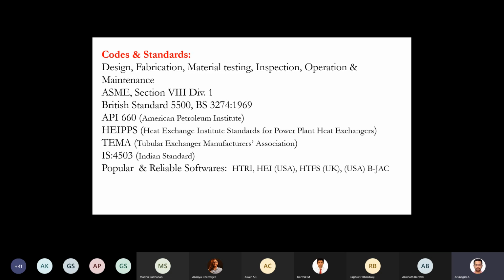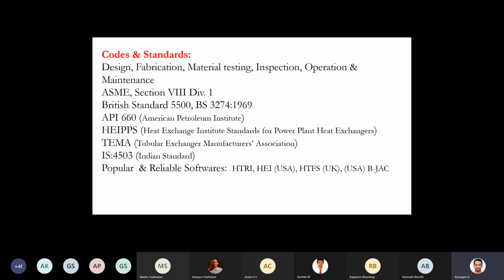So in cylinder heat exchangers, we have so many codes and standards. The very well-established ones are ASME, American Society of Mechanical Engineers, Section 8, Division 1. That is one standard that is used to design heat exchangers, cylinder heat exchangers.